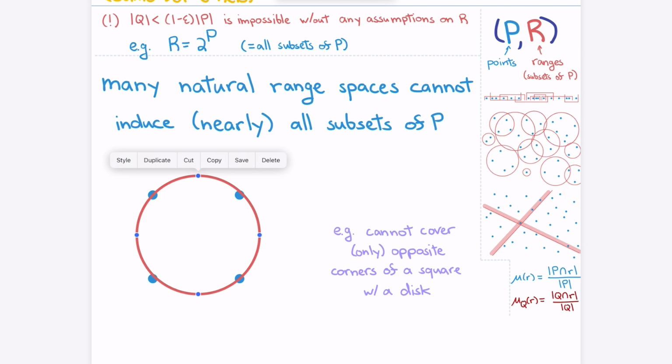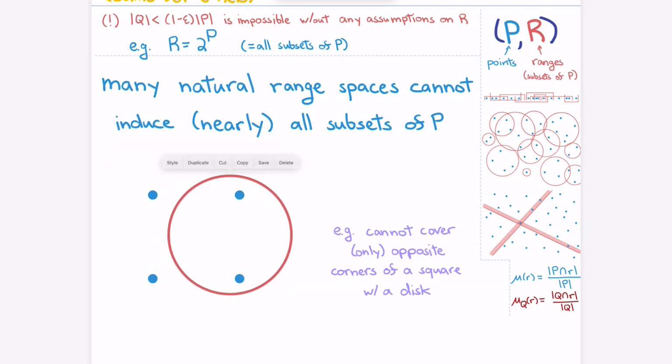So with a disk, I'm worried about trying to preserve the weight or the measure of these subsets. But if my range space is all the disks in the plane, it actually only induces much smaller than all possible subsets in the plane.